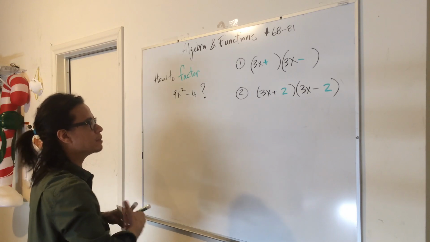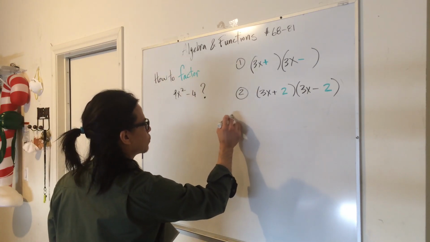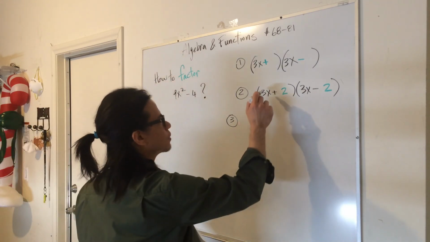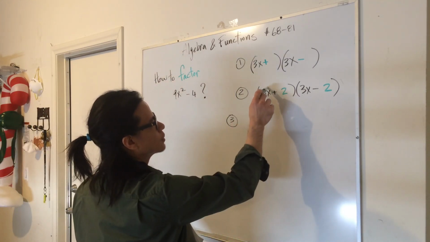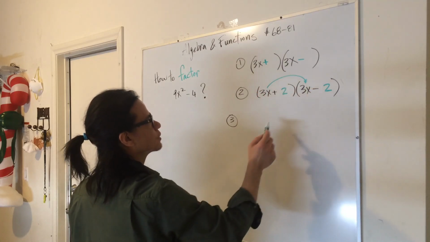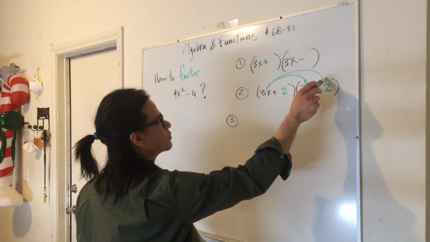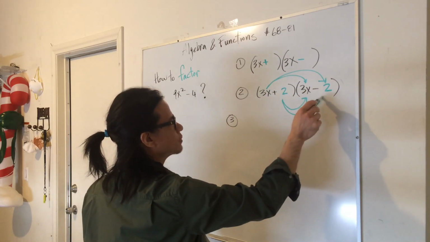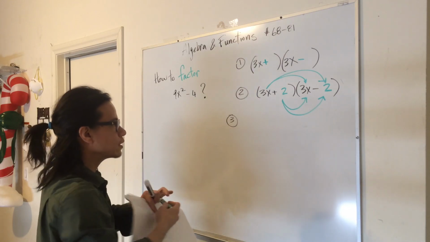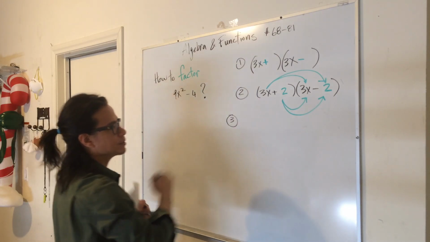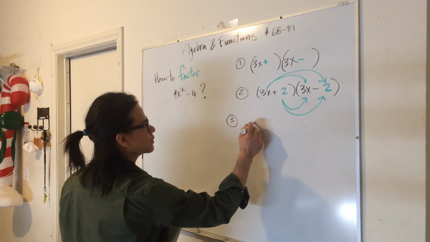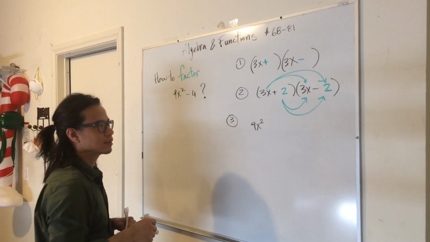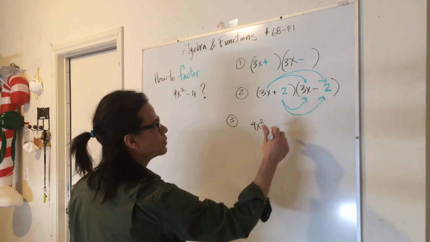Remember, step 3 is to check our work. So let's multiply that out by foiling. 3x times 3x. 3x times negative 2. 2 times 3x. 2 times negative 2. Here goes. 3x times 3x is 9x squared. 3x times 2 is 6x.